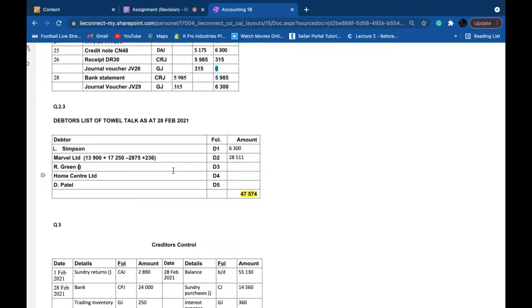You come and do the exact same thing for Green, open brackets. According to last month's January's list, it was 9,600 that was owed. According to the debtors journal, they did buy goods worth 1,093. Okay, and then they probably returned goods for 230.